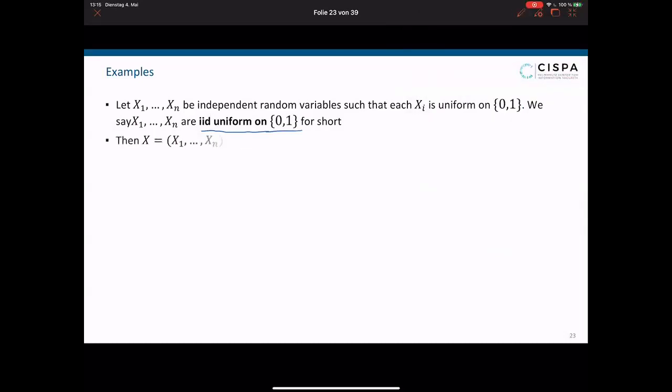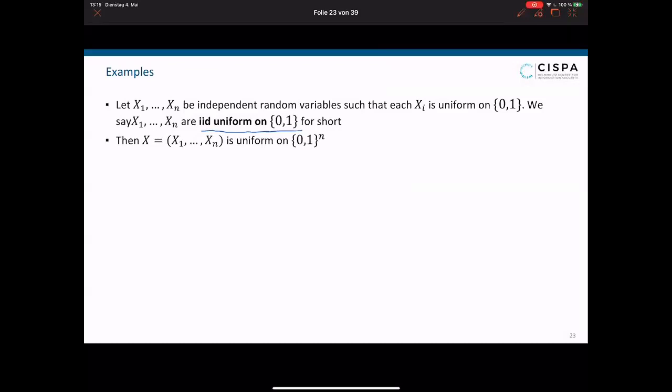If we have such IID x1 to xn, then we say the vector consisting of the x1 to xn is uniform in {0,1}^n.